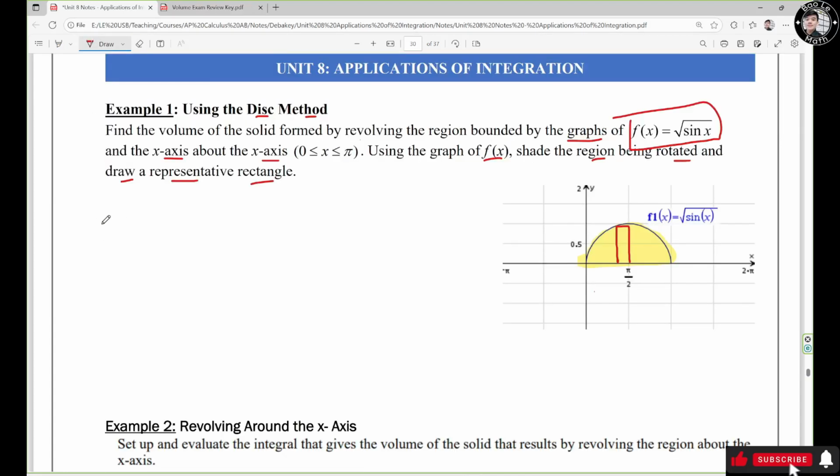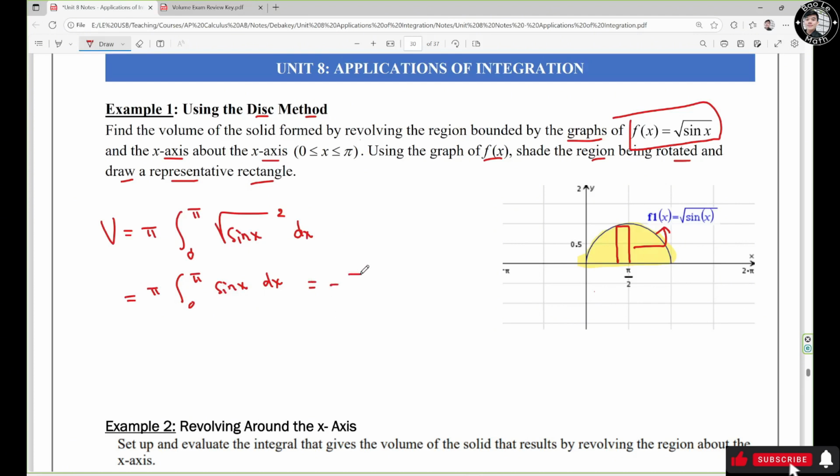By the formula, the volume equals pi, the integral from 0 to pi of square root of sin s, squared, because this is the radius, ds. Then it's pi, the integral from 0 to pi. When you square this, it's actually sin s ds. Now take the antiderivative of sin s, which is negative cosine s.